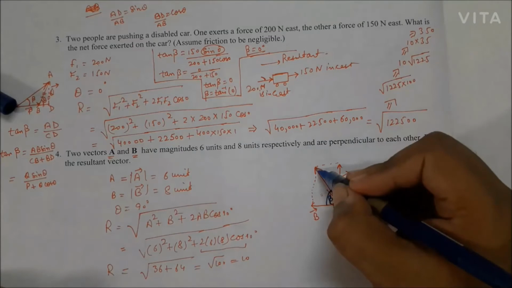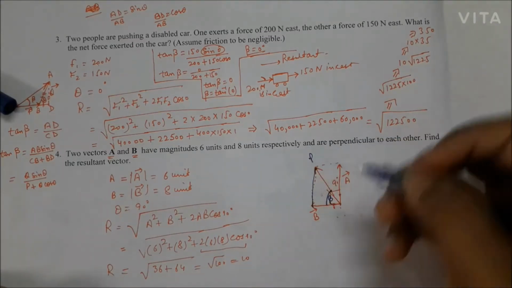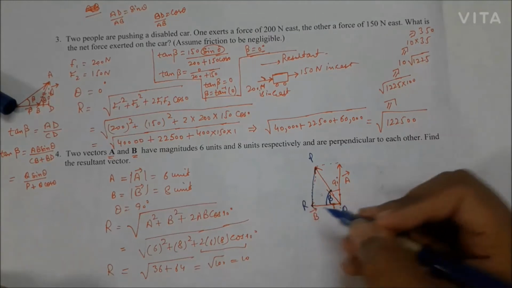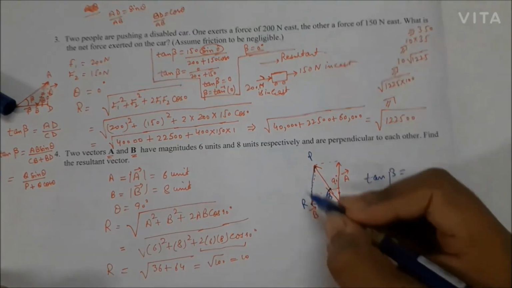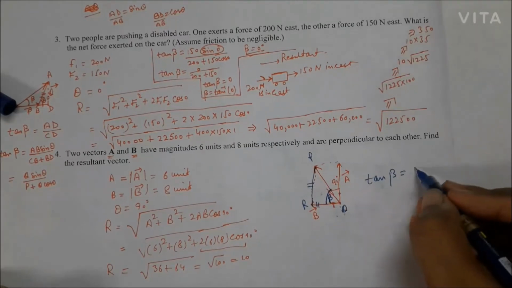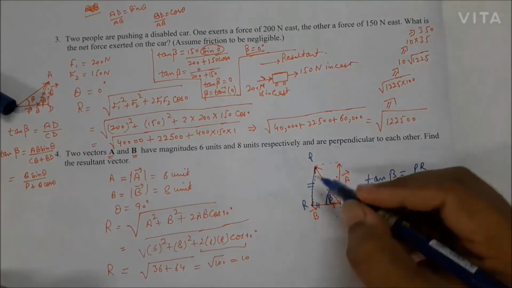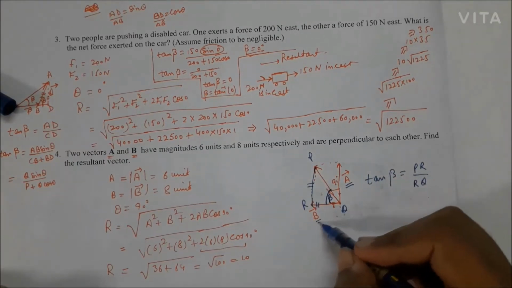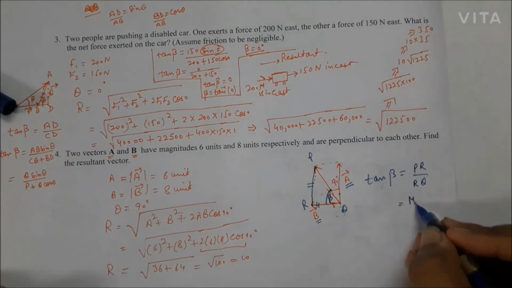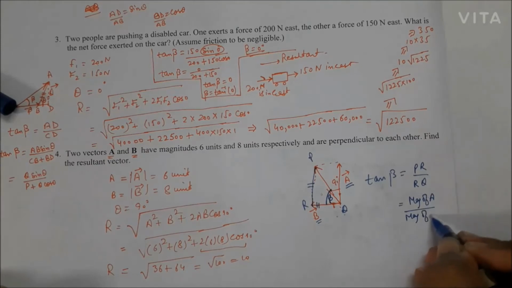Since this is a right angle triangle, say it be P, Q and R. Now what will be the tan beta? Simply tan beta will be perpendicular upon base. Perpendicular is PR upon RQ. Now PR is equal to what? Magnitude of A, and RQ is the magnitude of B. Magnitude of A upon magnitude of B.